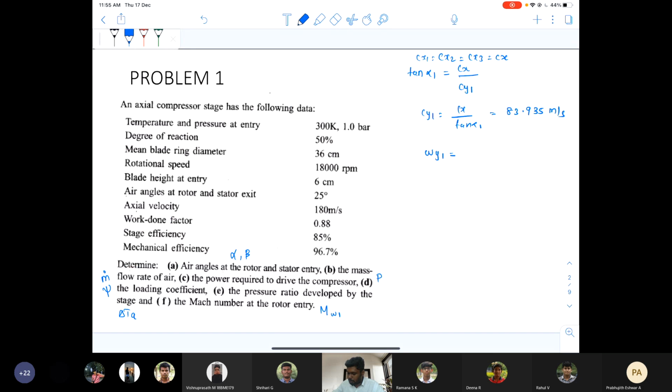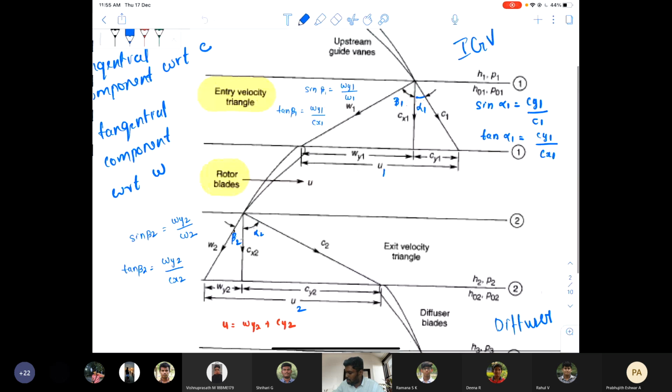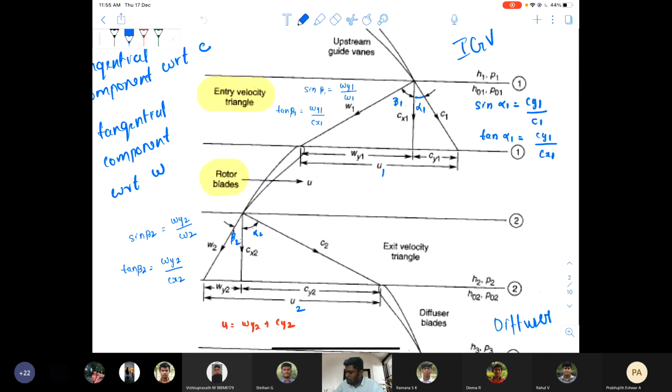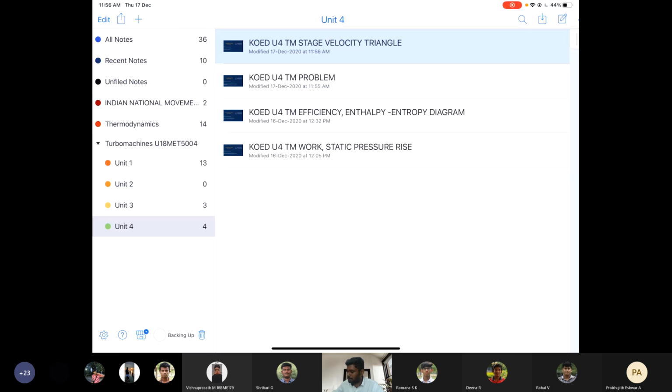Wy1 will be equal to u1 minus cy1. You know that the value of u1 is equal to u2 is equal to u. Therefore, Wy1 is equal to u minus cy1. We have found out the value of cy1 and you should find the value of u in order to get the value of wy1.